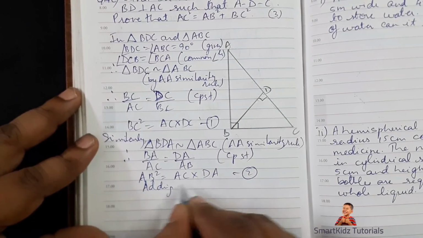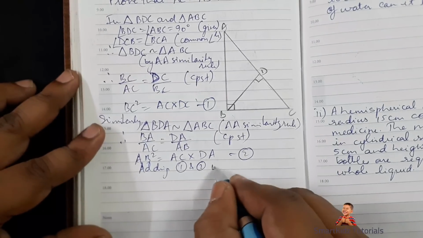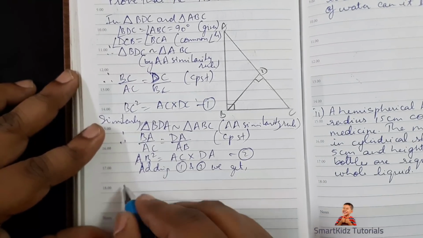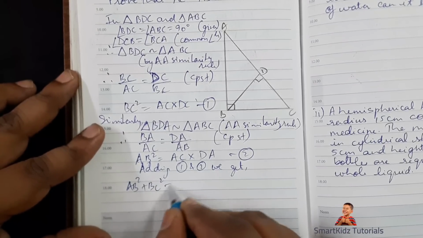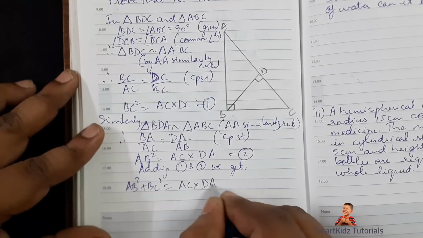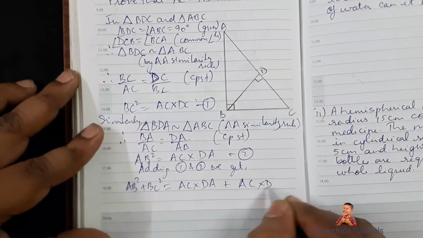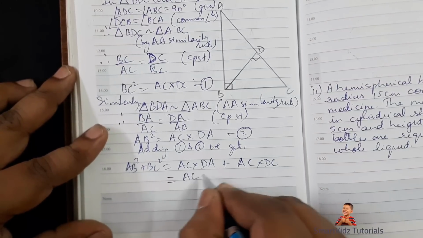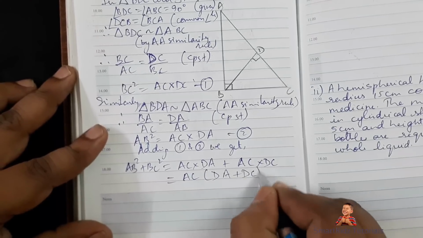Okay, then we add 1 and 2. Adding 1 and 2, we get AB square plus BC square is equal to AC into DA plus AC into DC. Okay, so we take AC common, we are left with DA plus DC.